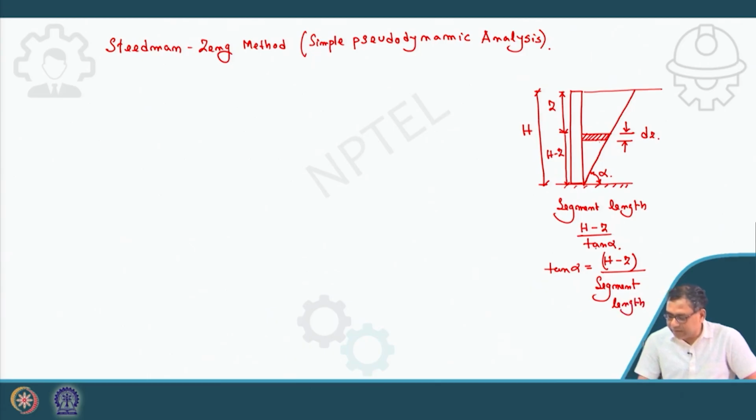So, the segment length will be H minus z divided by tan alpha, and the thickness will be dz.